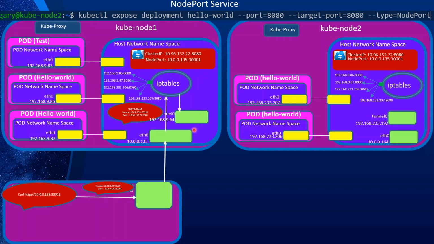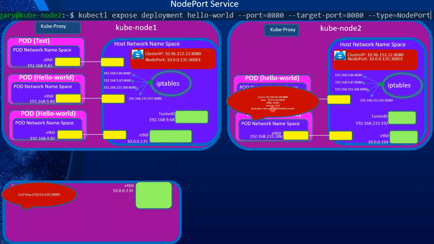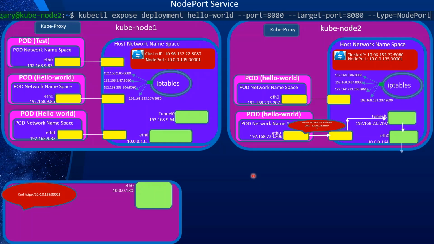It picks one pod at random, and again it does the DNAT, changing the destination IP address from the cluster IP to whichever pod it has chosen. Then the application runs again, we get the same result, hello world, and so on, and then it sends a response back to the other server. It's exactly as before; nothing really changed.